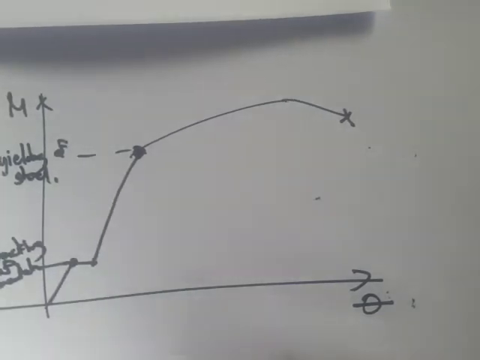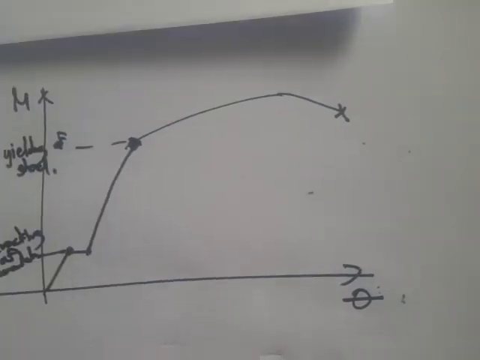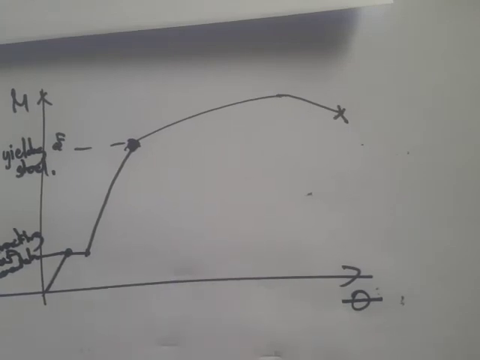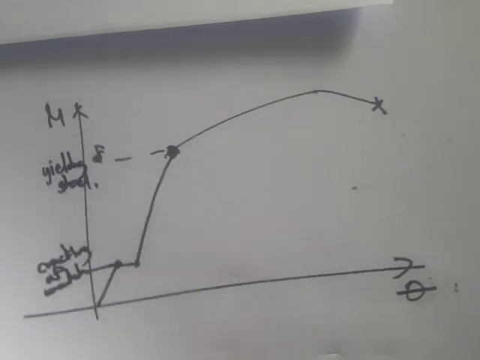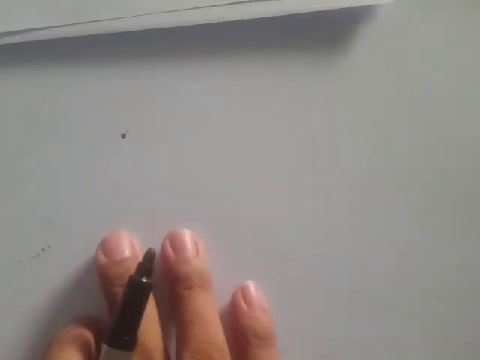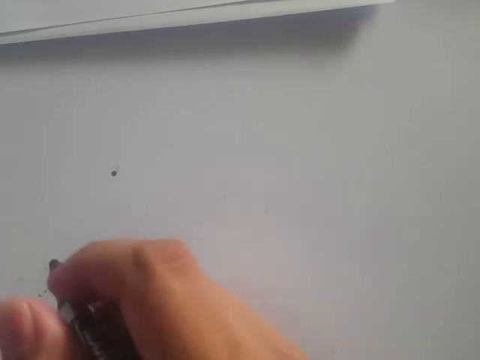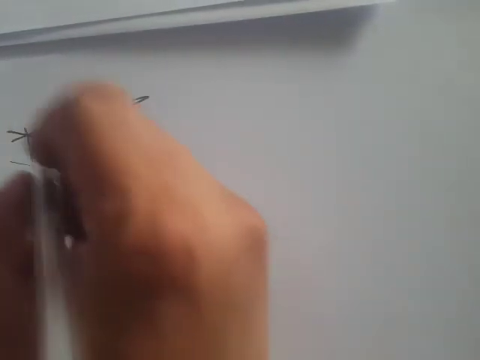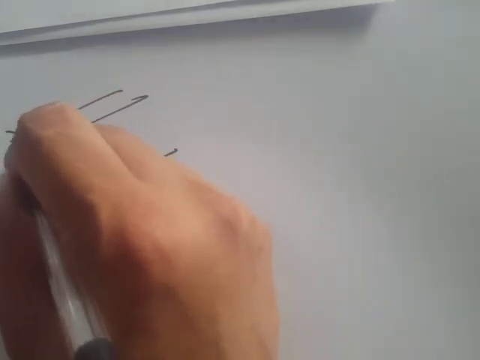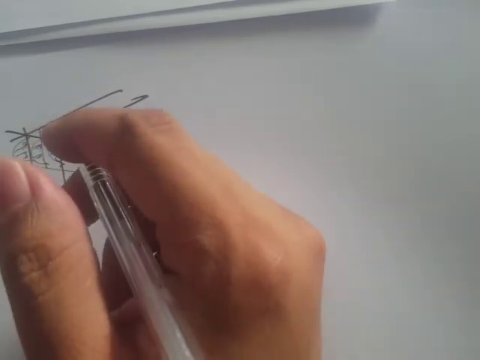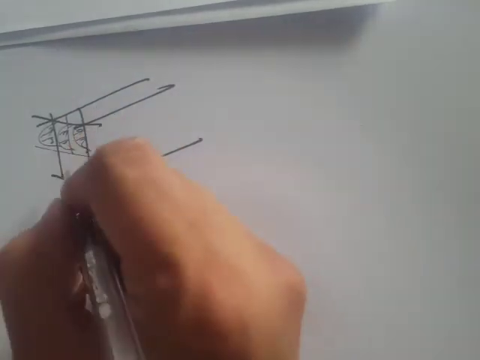Now let's talk about the code requirements regarding these reinforced concrete beams. Now we'll look at this stress block, this parabolic stress block. Recall that we have a parabolic stress distribution, and we are going to apply the equilibrium equations in this section.